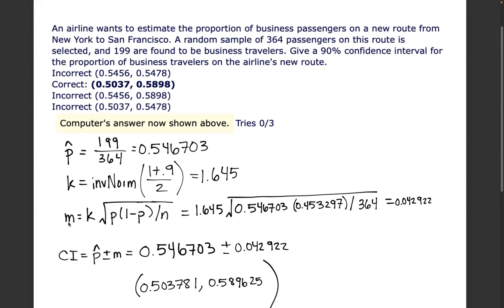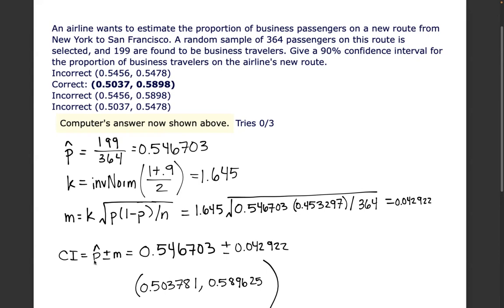Now we have what we need for our margin of error, which is K times the square root of P times (1 minus P) divided by N. Our K is 1.645, and then the square root of P, which is given here, times 1 minus 0.546703, divided by 364, our sample size, the total number of passengers. So we get our M to be 0.042922.